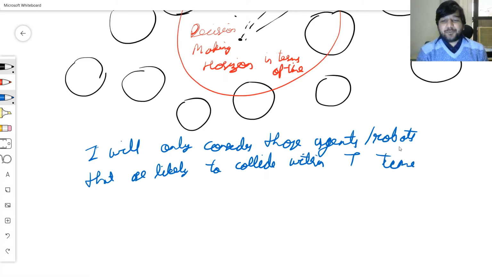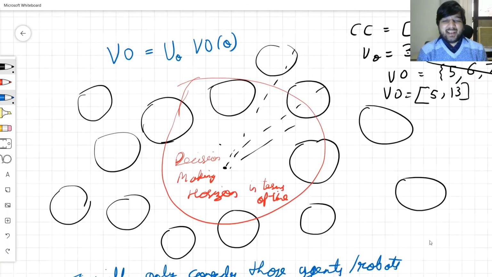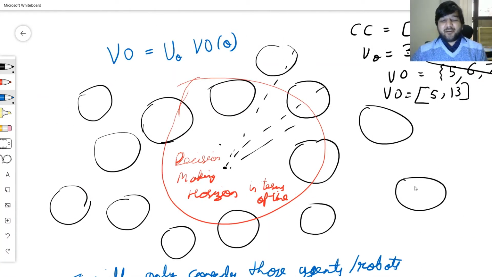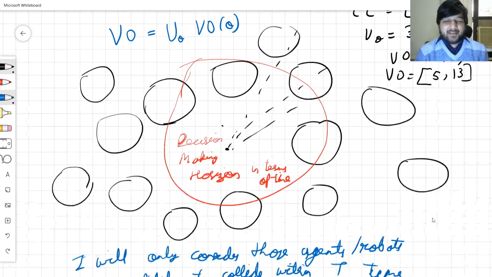And therefore, let's go to this figure again. This one is too far off, so time to collision will be very far off. It'll be extremely far off. And because it'll be extremely far off, I will not consider this one.